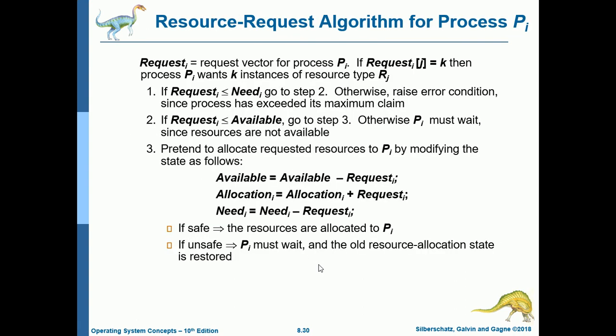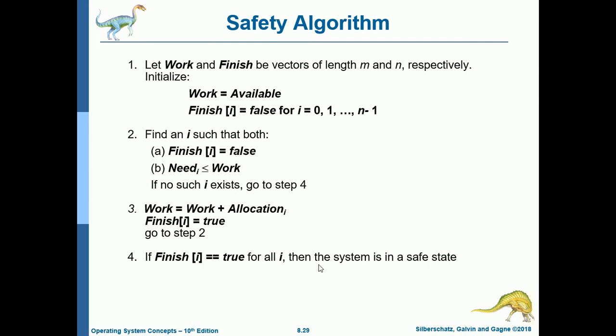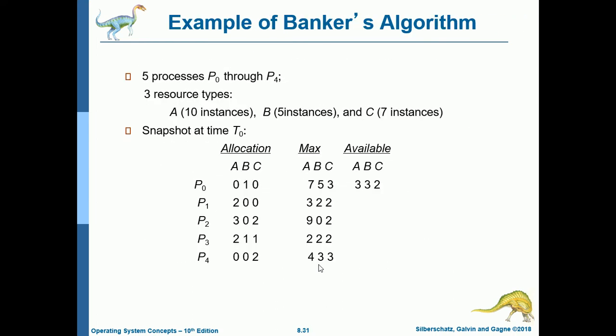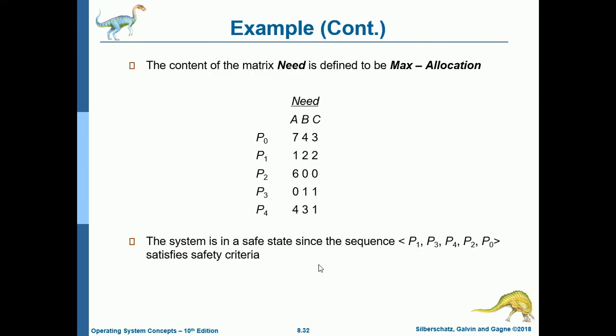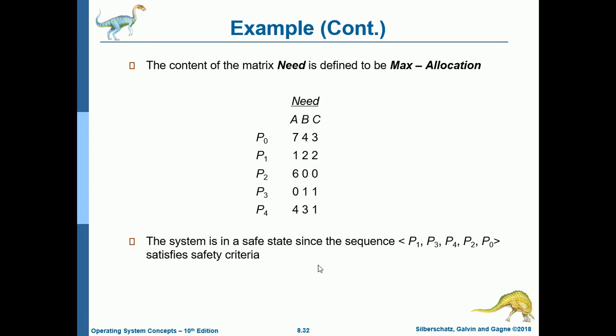As you can remember, this is the algorithm for that. Again, I'll provide a separate video for the illustration of the banker's algorithm given here in the slide presentation. So for this example, it is in a safe state.